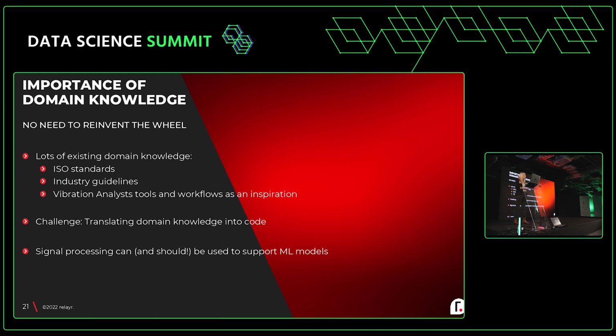But in general, the biggest thing you can leverage here is the vibration analyst knowledge and the tools they are using. Every time you tackle a machine learning problem, you want to know how a human would have solved it. Because if the human knows where to look, you should also look there instead of reinventing the wheel. And the challenge lies in transferring this domain knowledge into code.